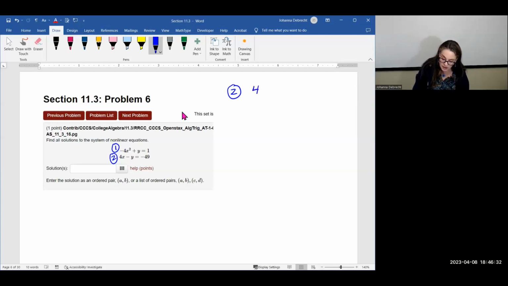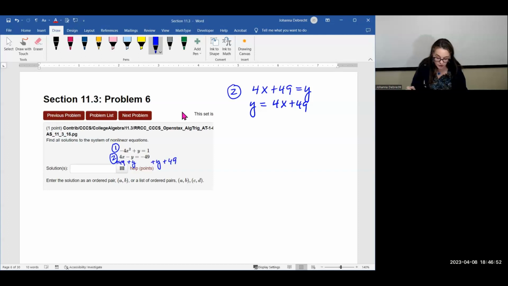So I'm going to rewrite this as 4x plus 49 equals y. Or if it bothers you to have the y on the right, just switch it around and move it to the left. All I did was I added y to both sides of this equation and added the 49 to move it to the left. Okay? And this gives me a new equation 2, which I'll call 2b.